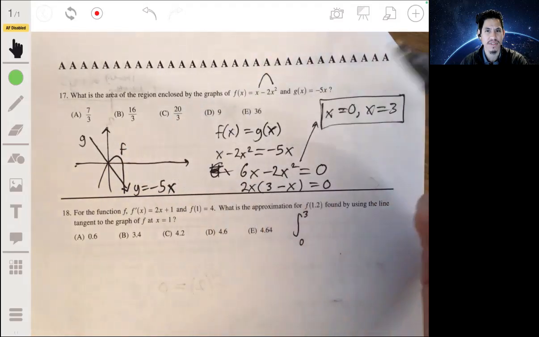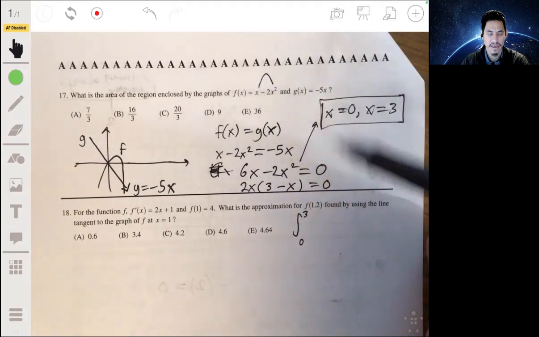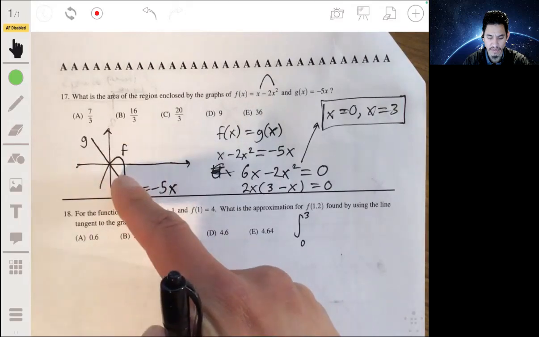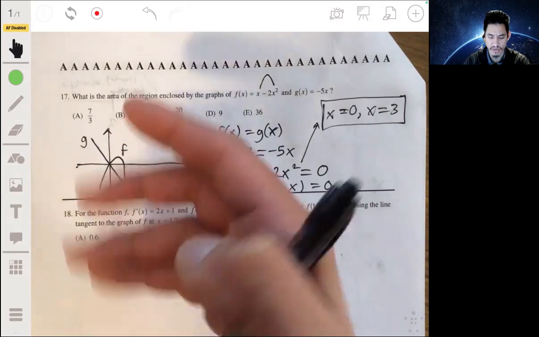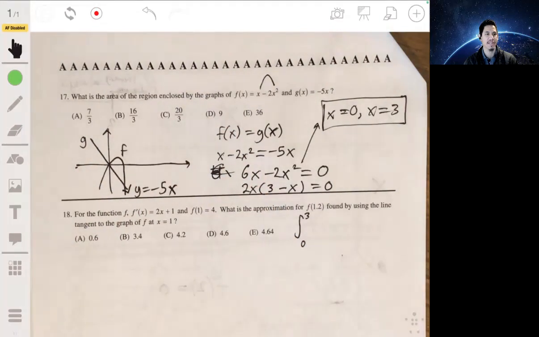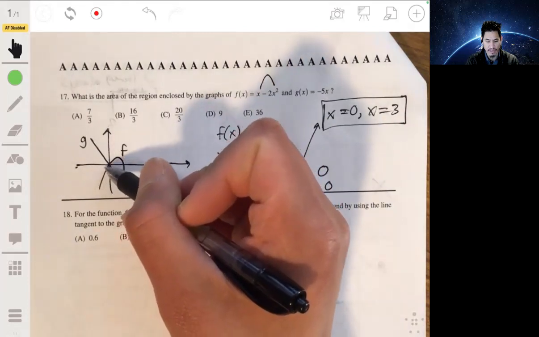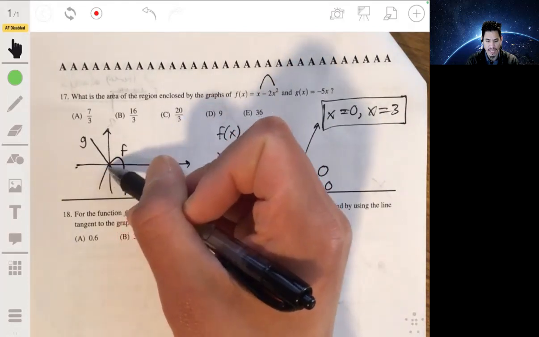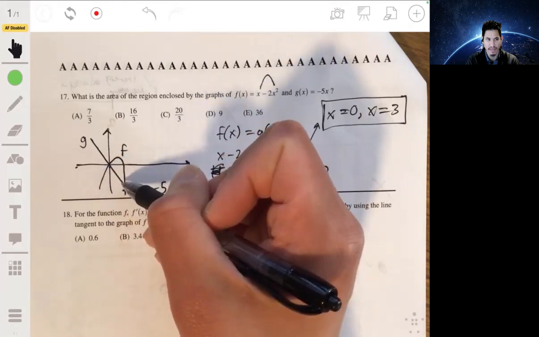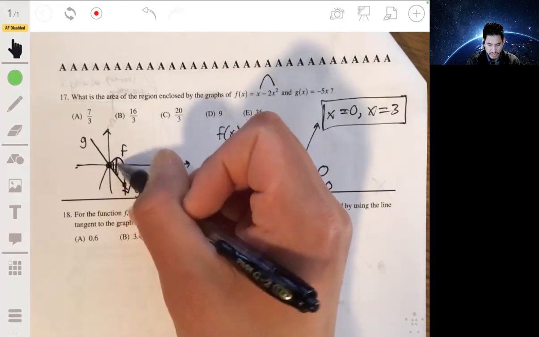But just so you know, every single problem I've seen dealing with a parabola and a linear equation, the parabola would go above it if it's like this, or if it's the other way, it would be below it. It's really the only way that would make sense for this graph to work, because for the g of x graph, you couldn't draw a parabola that was only below, because it wouldn't be able to intersect again. Anyways, we're looking at this region.